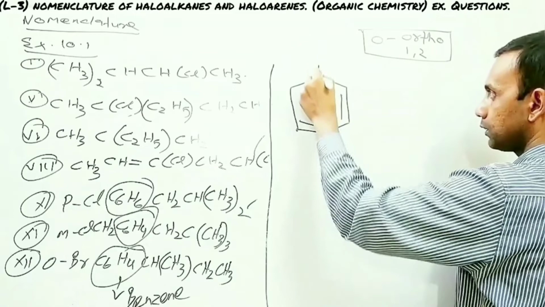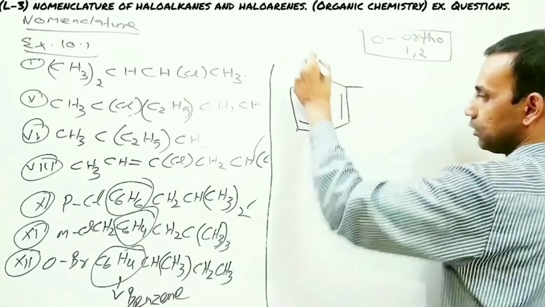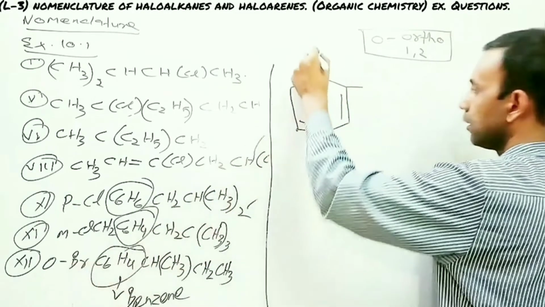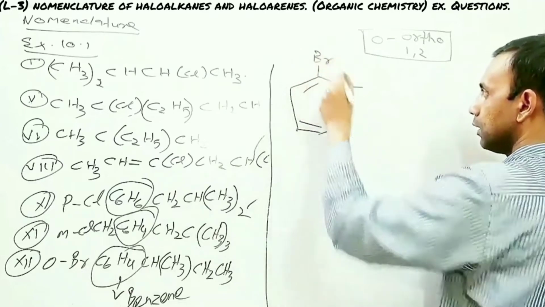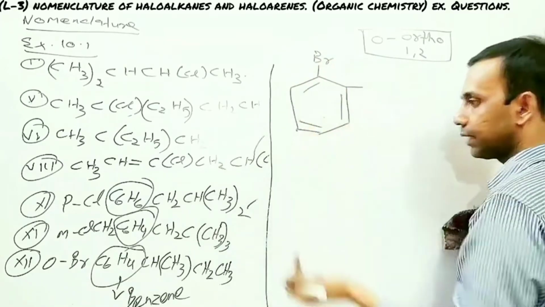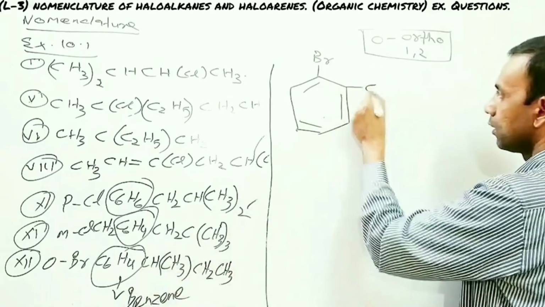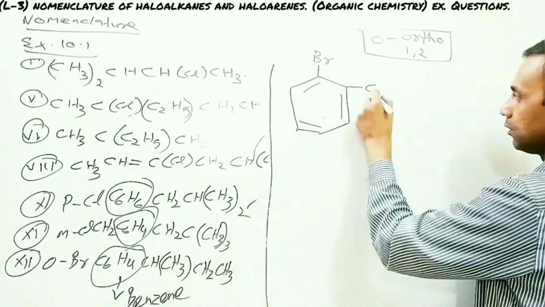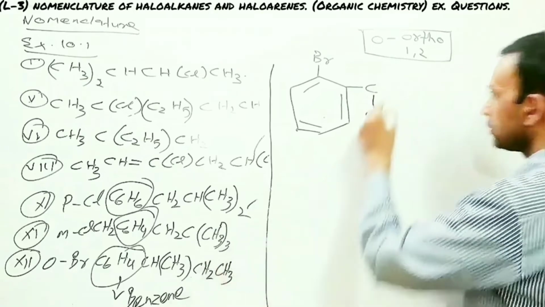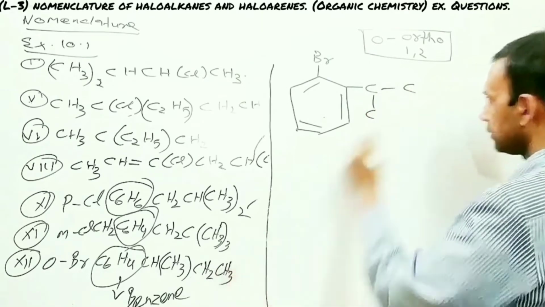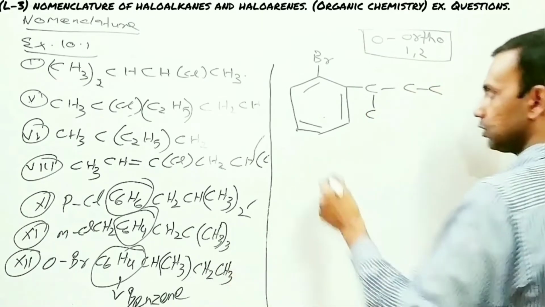So this is your first, and this is your second. So on the first position you have bromine. This could also go right here, but you can start anywhere. So bromine, and on the other side you have C. You have a branch here. You have another C in the next, and you have a final C in the end. That's it. So let's write the name.